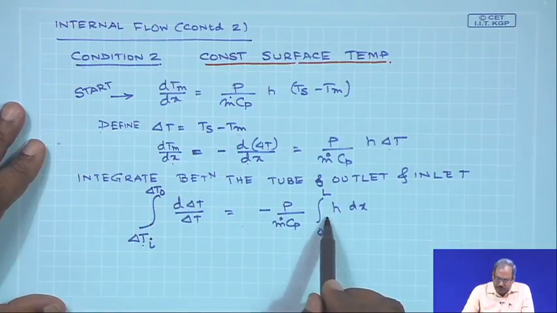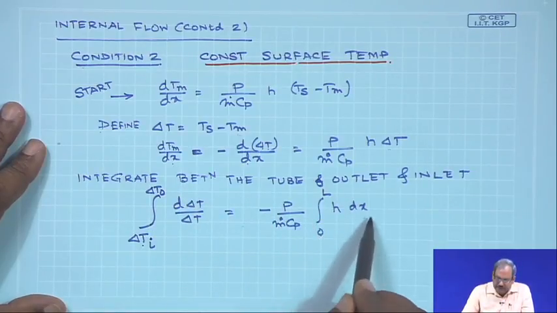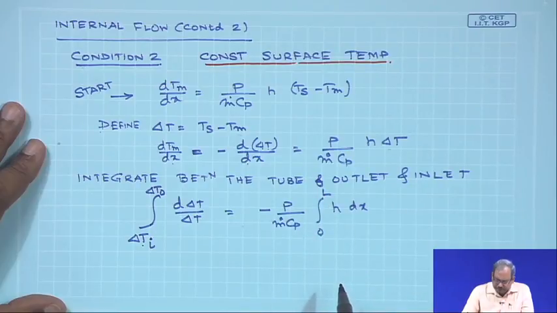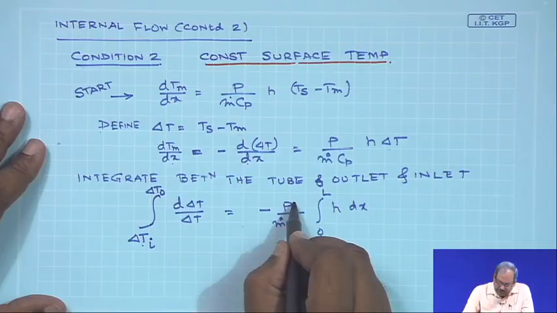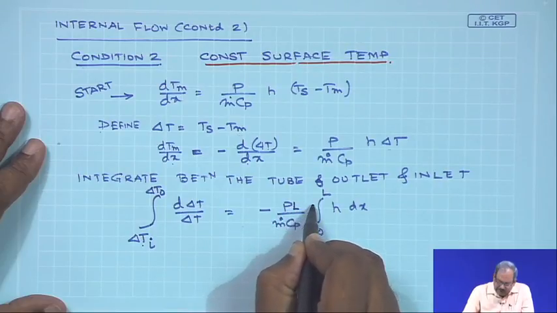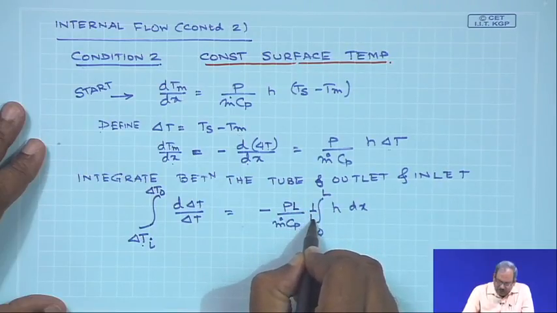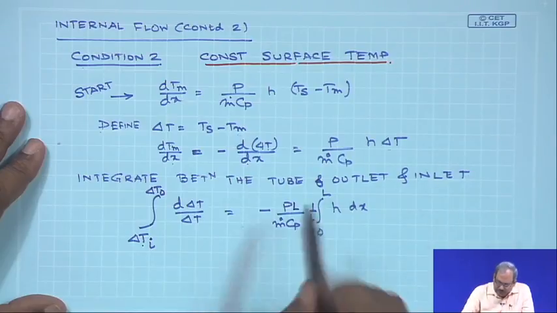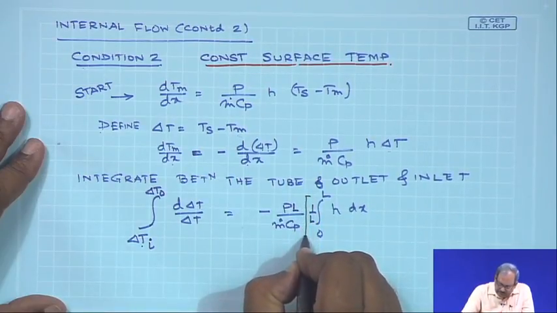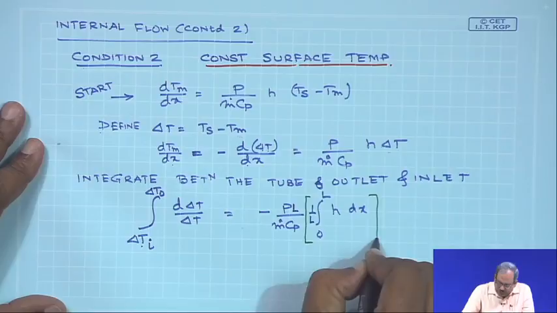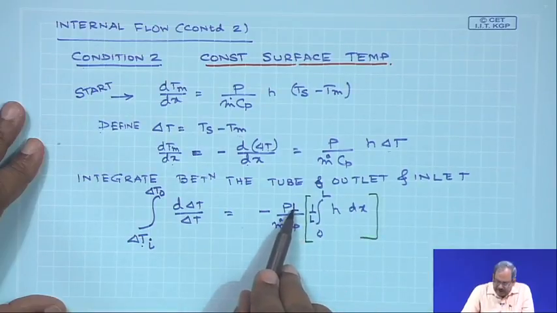Now, when you see this integral of h dx from 0 to L, I think something should strike you, as I can express this as P L and put a 1 by L over here. So I have simply added an L on both sides.